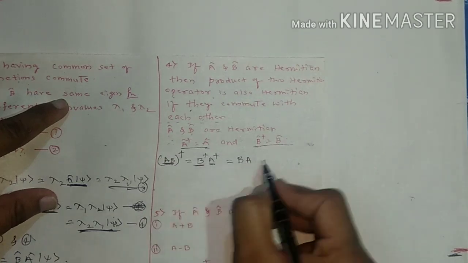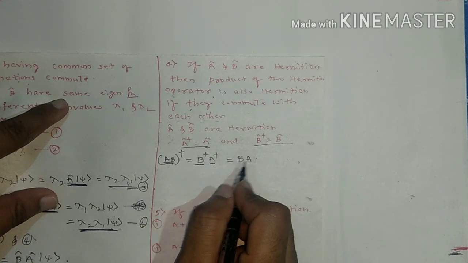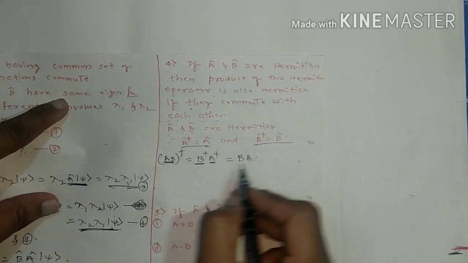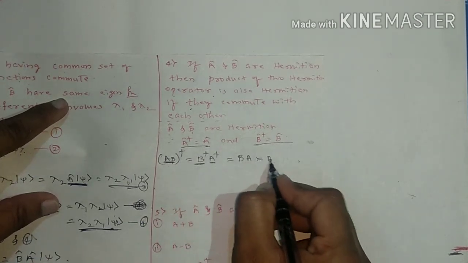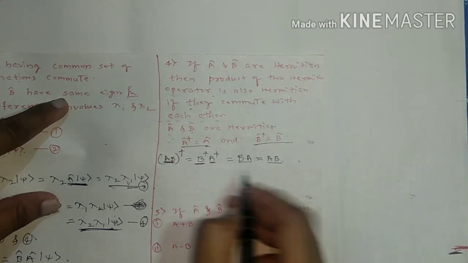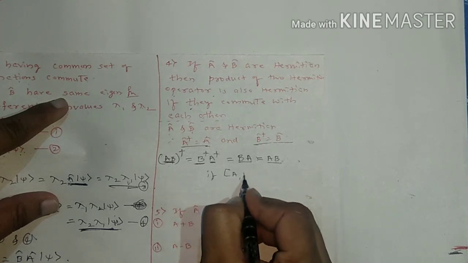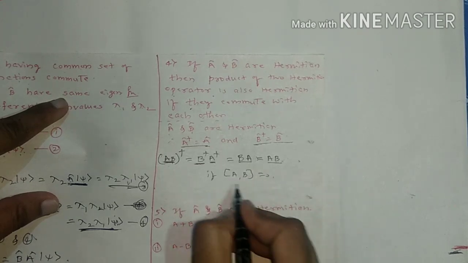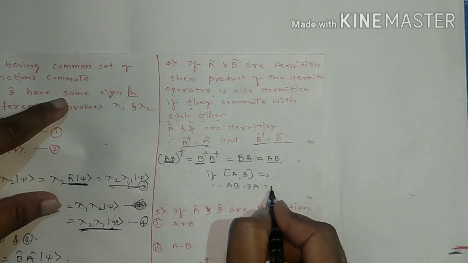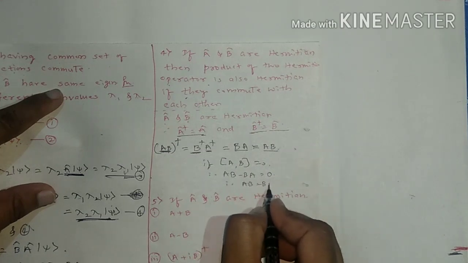So what we get is (AB) dagger is equal to BA, and this will be equal to AB if BA is equal to AB, if the commutator [A, B] is equal to 0. That is AB minus BA is equal to 0.